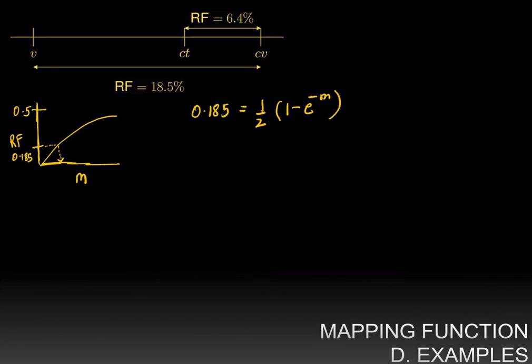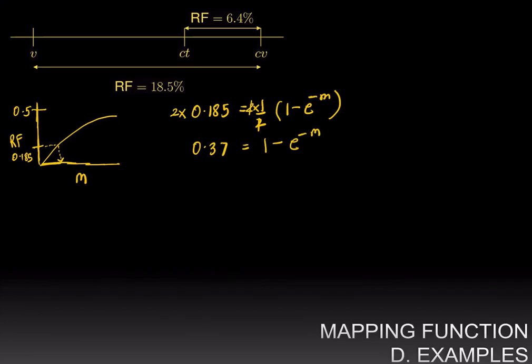equation. And as a first step, we can multiply both sides by 2, giving us 0.37 is equal to, the 2's cancel, 1 minus e to the power minus m.